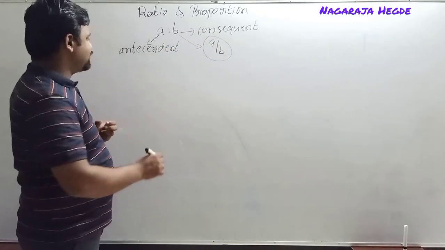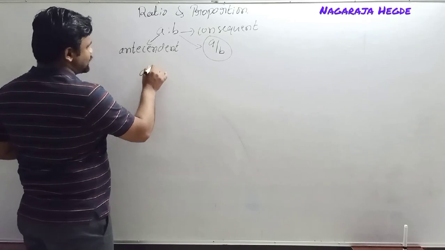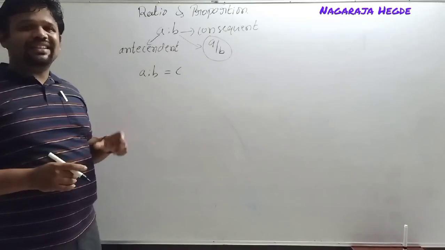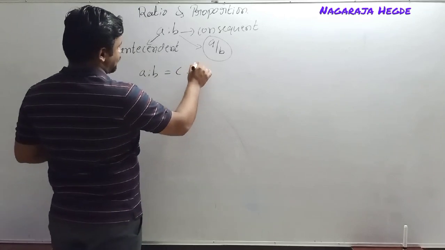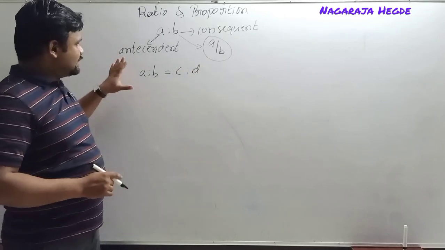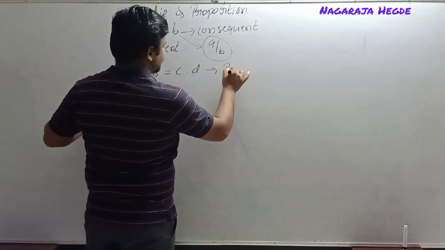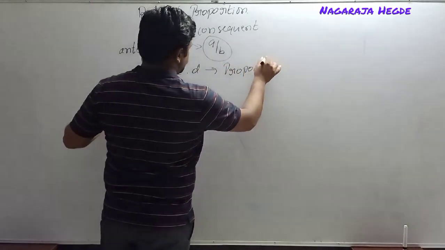If the ratio of two quantities A is to B is the same as the ratio of another two quantities C is to D, these two equal ratios form a proportion. This is the concept of proportion.